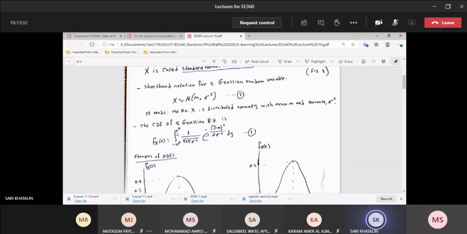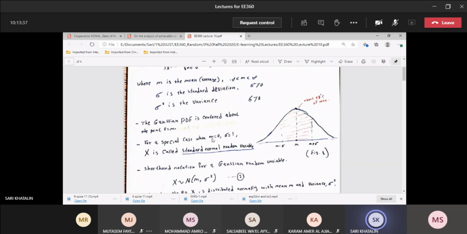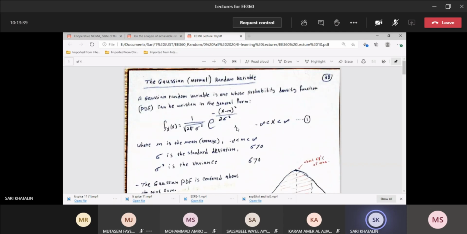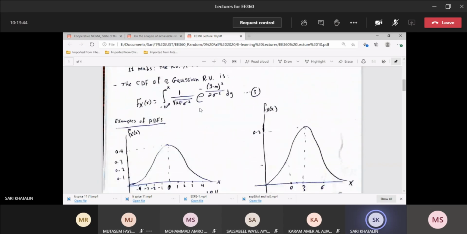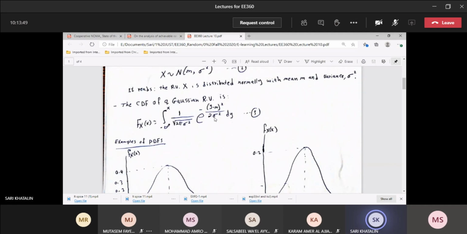Now, the CDF of a Gaussian random variable is given in equation 3, which is basically the PDF given in equation 1 integrated from minus infinity to x. If you go back to the last lecture, one of the properties for finding the CDF is taking the PDF and integrating from minus infinity to x, and that's basically the CDF of a Gaussian random variable.